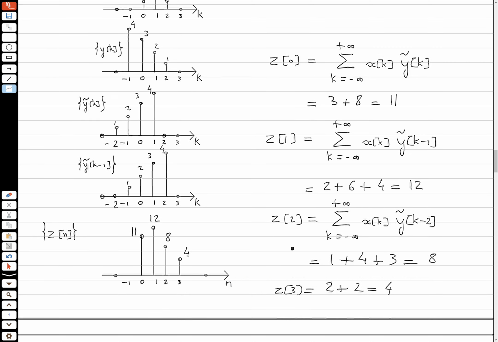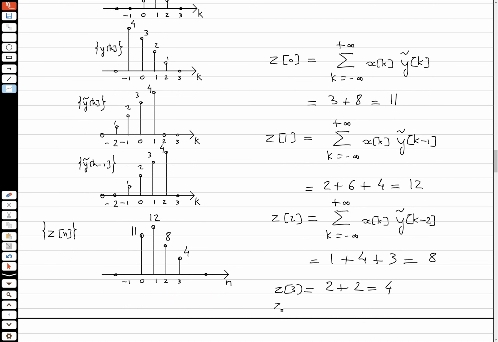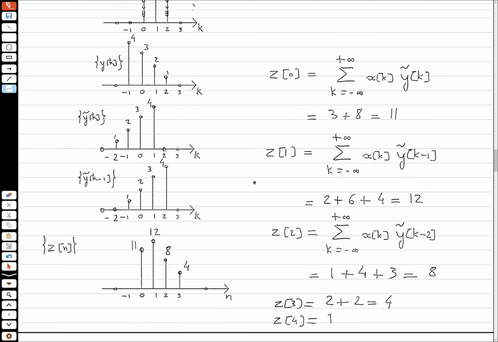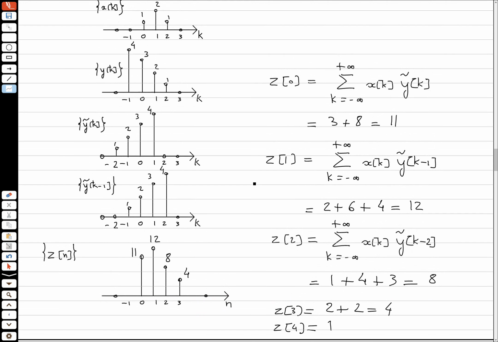Z of 4 is what? For Z of 4, you need to shift this by 4, so this minus 2 is here. You're going to find 1. Sorry, the scale is not so good. But then you get 0, right?